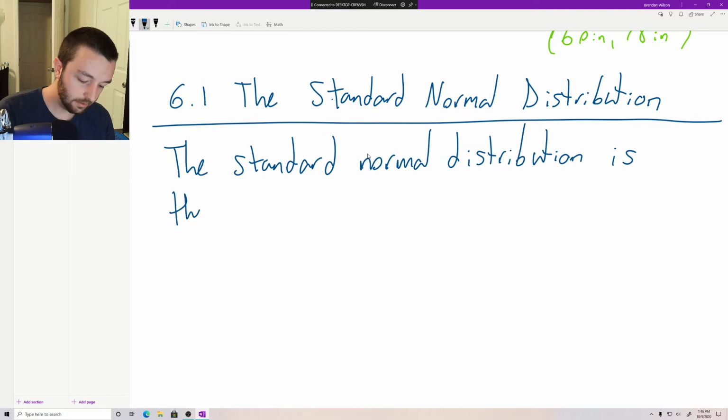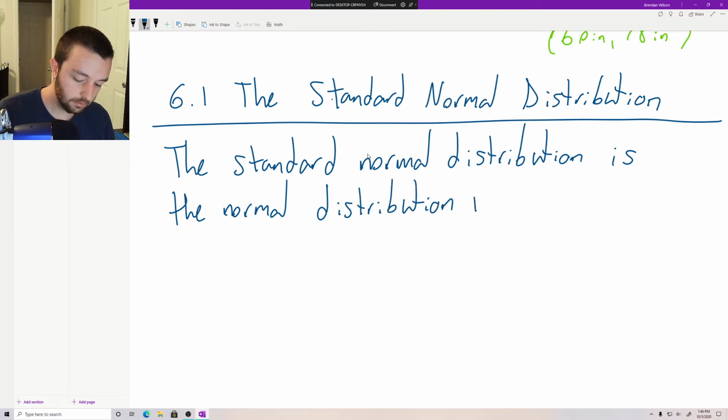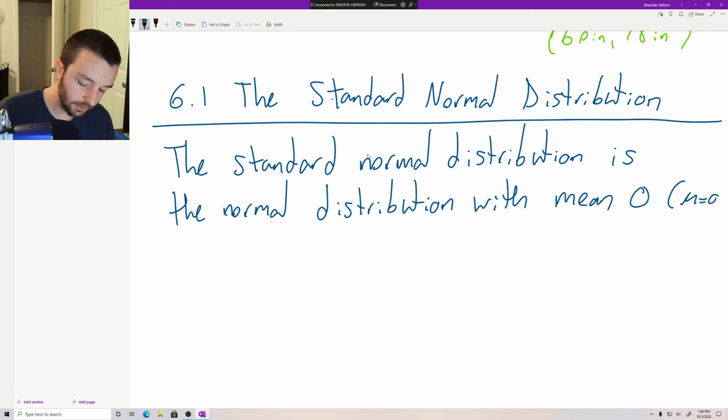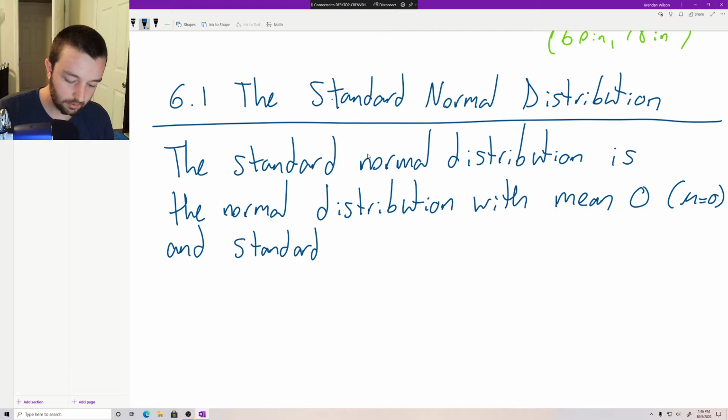It is the normal distribution with mean 0, so mu equals 0, and standard deviation 1, so sigma equals 1.